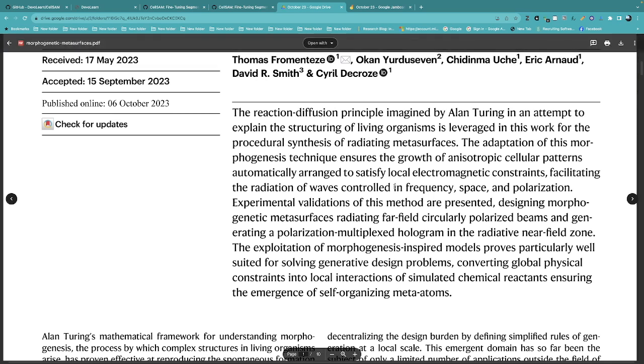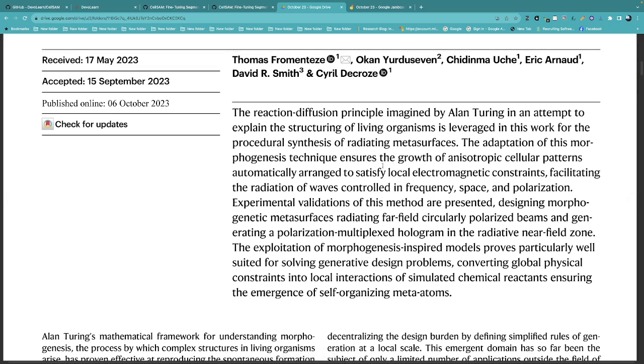The adaptation of this morphogenesis technique ensures the growth of anisotropic cellular patterns, which means that they're not the same everywhere in the pattern. Automatically arranged to satisfy local electromagnetic constraints, facilitating the radiation of waves controlled in frequency, space, and polarization. So this is where we want to have this anisotropic pattern.